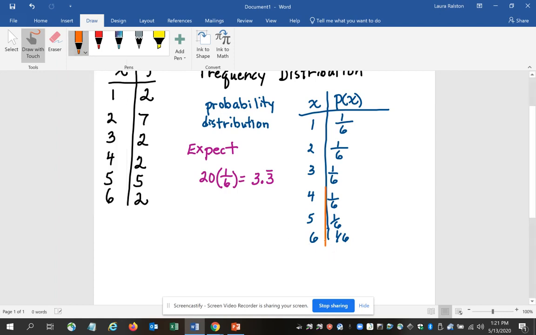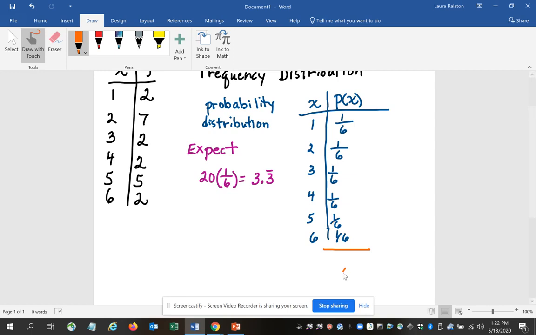And the third condition is that if we add up all of these probabilities for all the different things that can happen, and there's only 6 things that can happen, we add 1/6 plus 1/6 plus 1/6 plus 1/6 plus 1/6 plus 1/6.